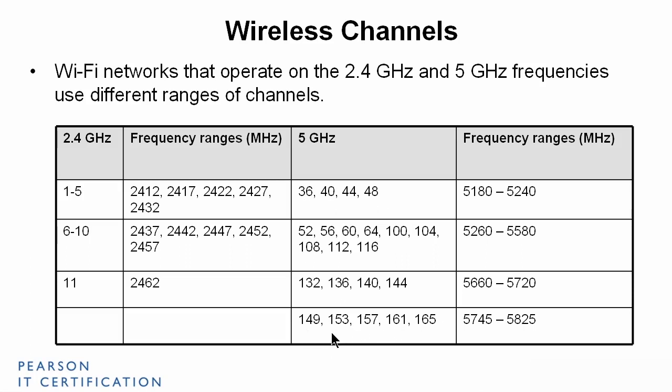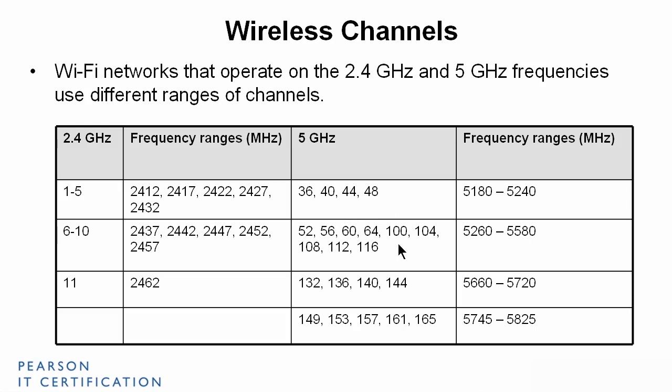One of the good things about 5 gigahertz is all these frequencies run individually. They don't overlap the way that, say, channel 1 and channel 2 on a 2.4 gigahertz wireless network would overlap. You don't have to worry about that. You could run one wireless access point on 36 and one on 40 and one on 48.